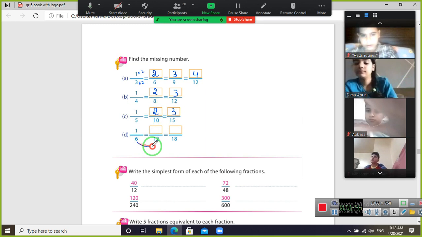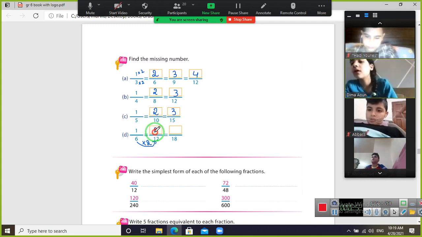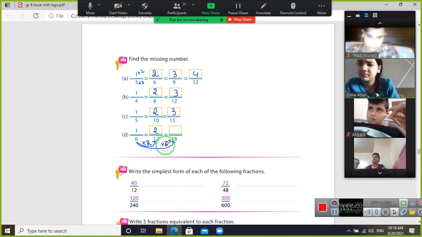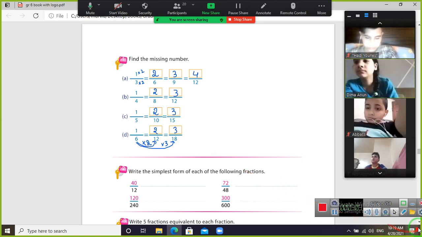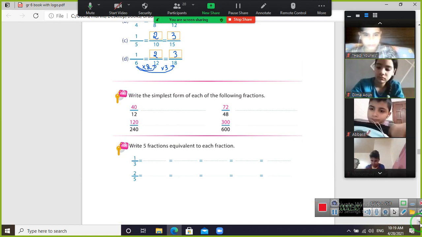Now 6 times 2 gives me 12, so 1 times 2 is 2. 6 times 3 gives me 18, so 1 times 3 is 3. It's very easy if you found the down one. Now, in exercise 2, write the simplest form of each of the following fractions.